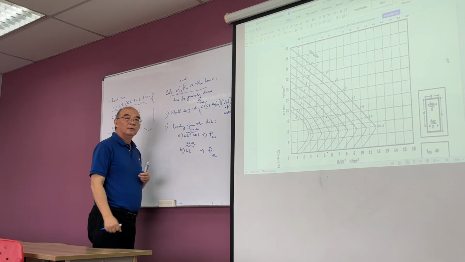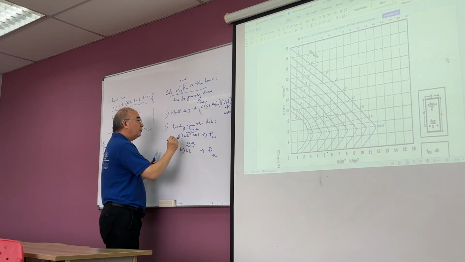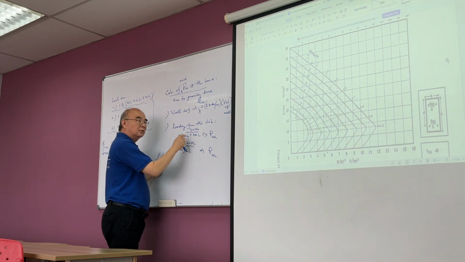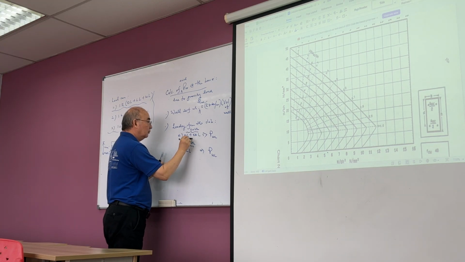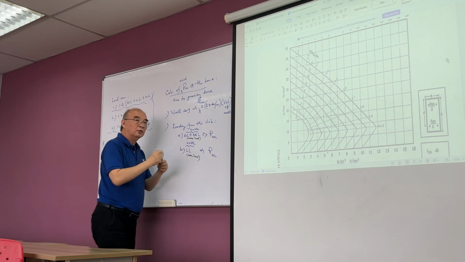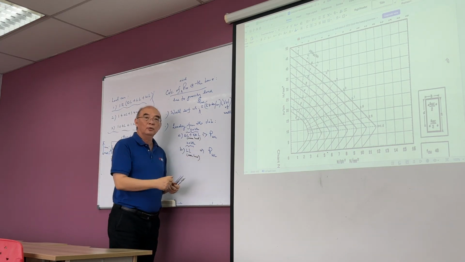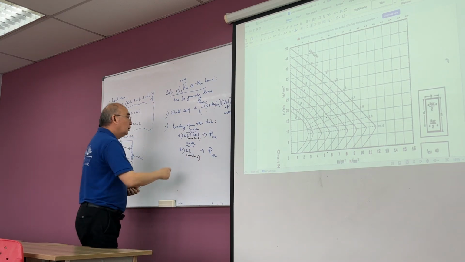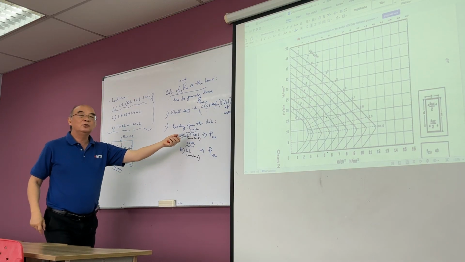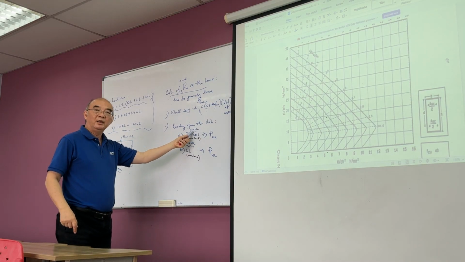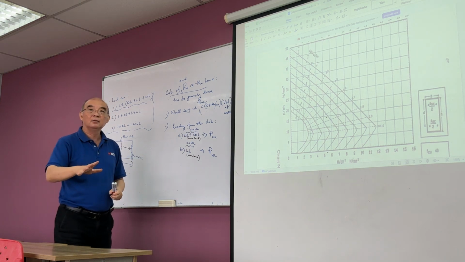So here you start from the area load. This is all area load. Then you need to convert it to the total load. From area load to total load, you need to multiply by the area, correct?